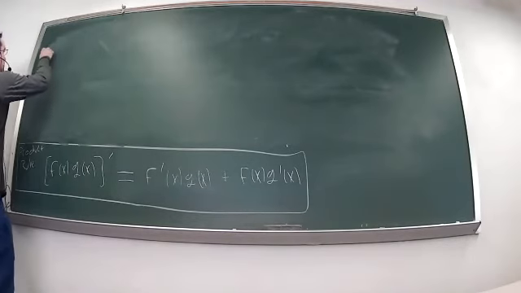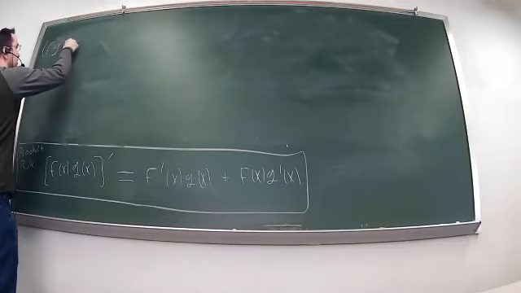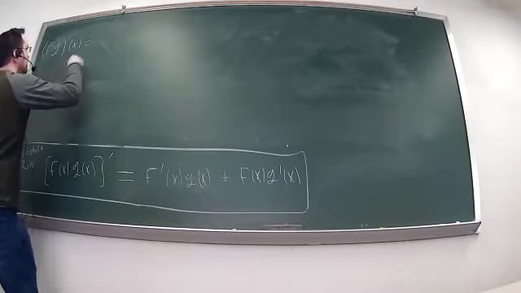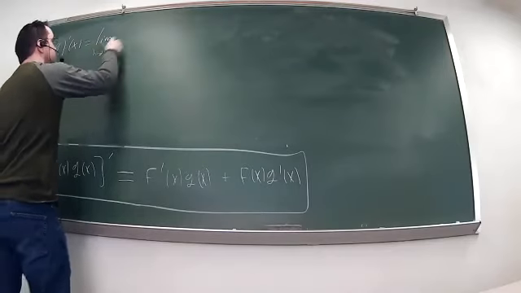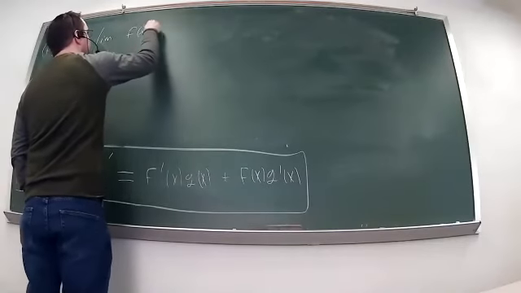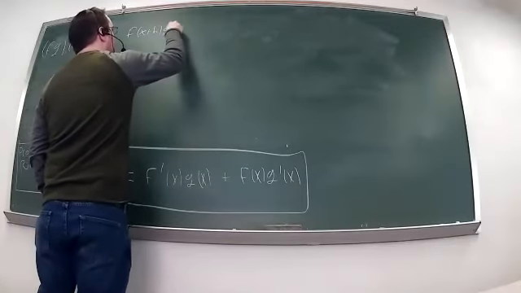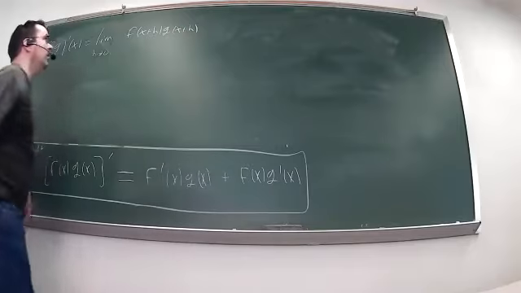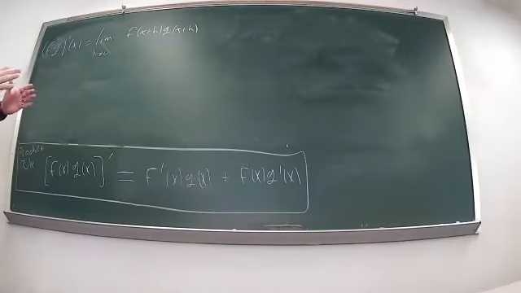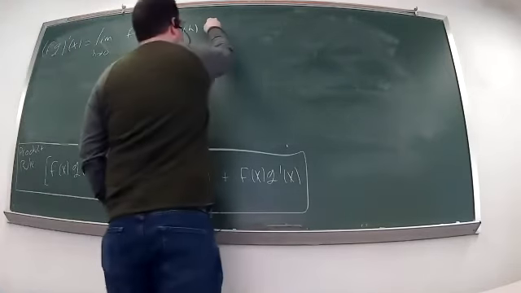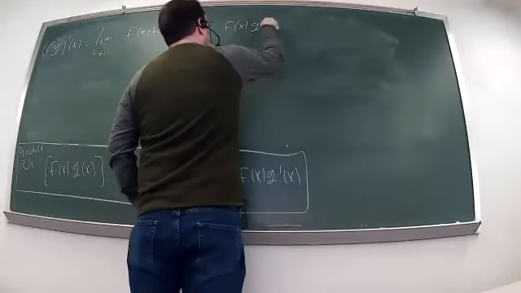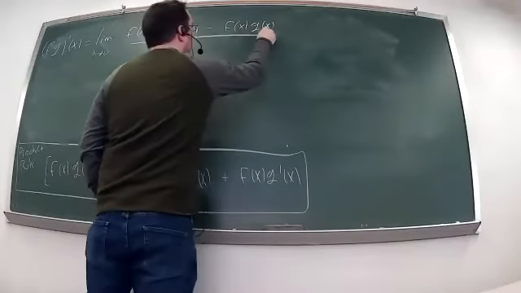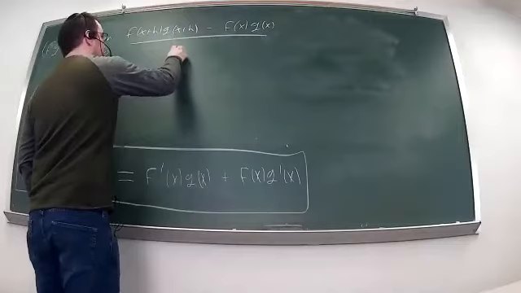And we've seen that the definition of the derivative of the product of the two functions is the limit as h goes to 0 of: you take the function, plug in x plus h, then subtract f of x times g of x, and then divide through by h.